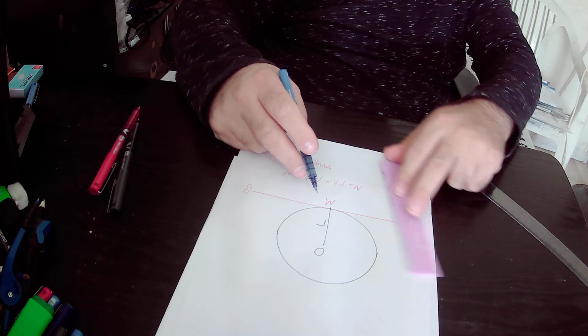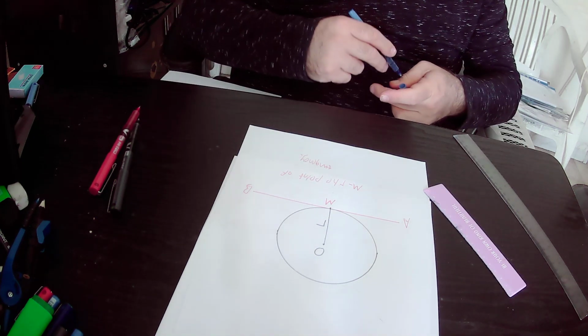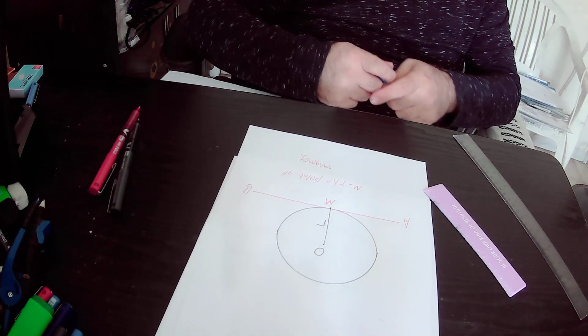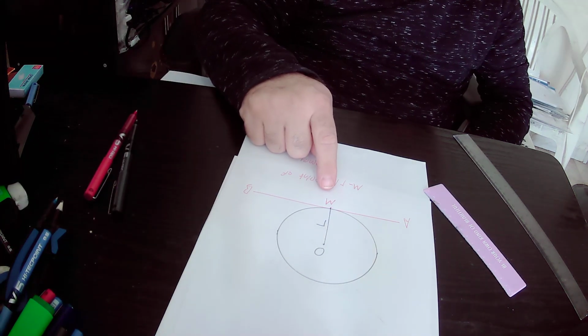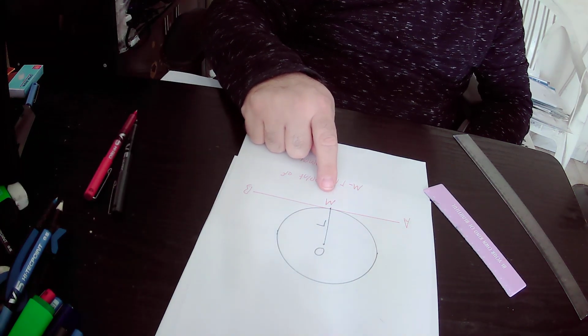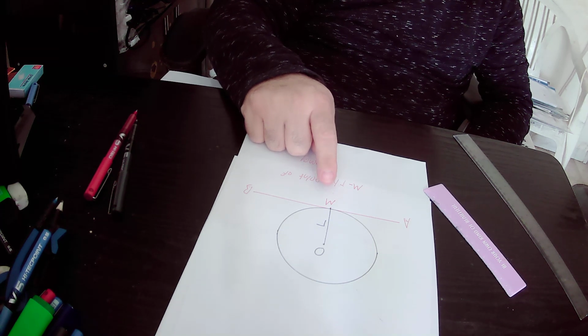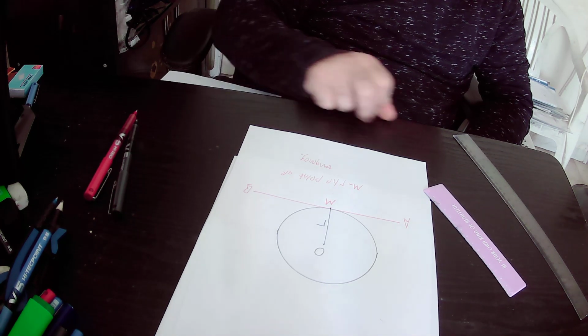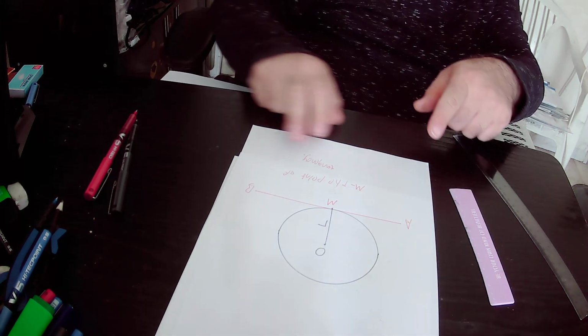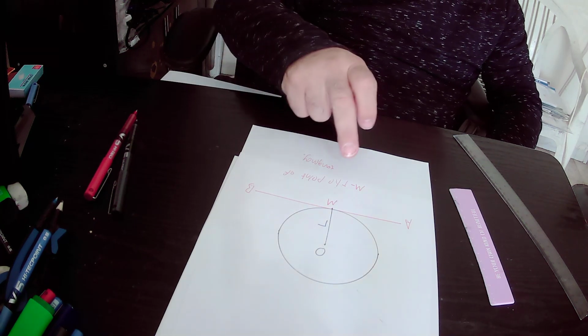This radius is drawn to the point of tangency, that is to say, it is drawn from point O to point M. Therefore, according to rule number 2, the tangent AB will be perpendicular to this radius.